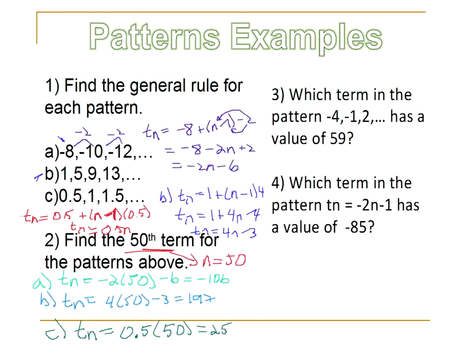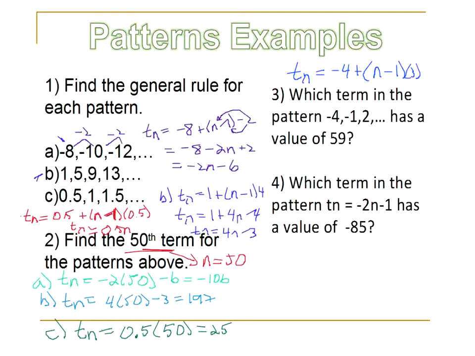Now, question 3 asks, which term has a value of 59? And so I'm going to find the value of the equation. I see that the common difference here is 3, and so the equation is Tn equals -4 plus n minus 1 times 3.